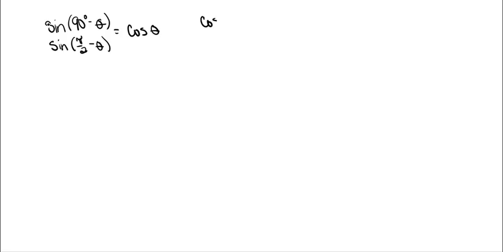The cosine of 90 degrees minus theta, or the cosine of pi over 2 minus theta, equals the sine of theta. We'll do an example so this becomes clear in a minute.